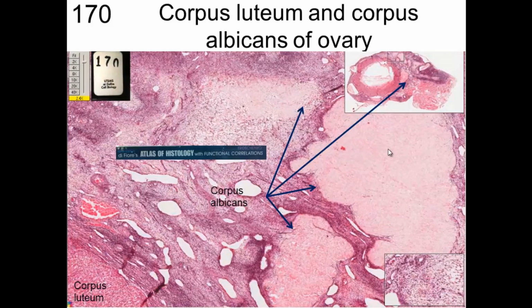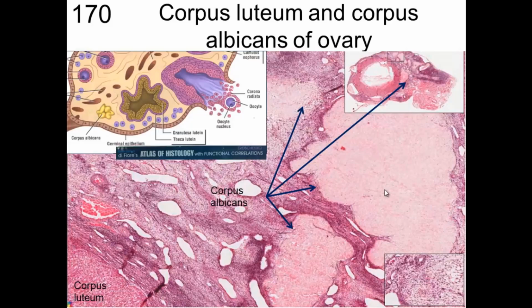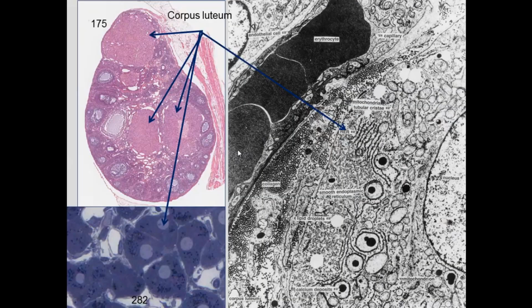So there's a corpus luteum that's still active here, but these white bodies are the end product of a corpus albicans. And here we can see it. So ovulation occurs, corpus luteum develops, and then the corpus albicans is the white body that remains. So here we see a corpus luteum here, here, and here.